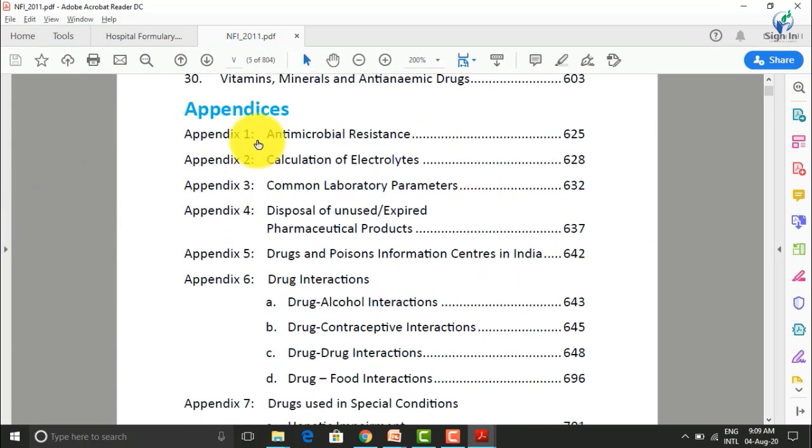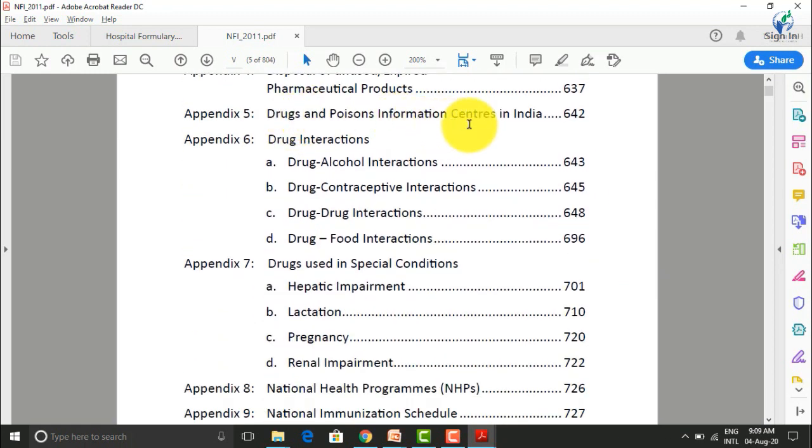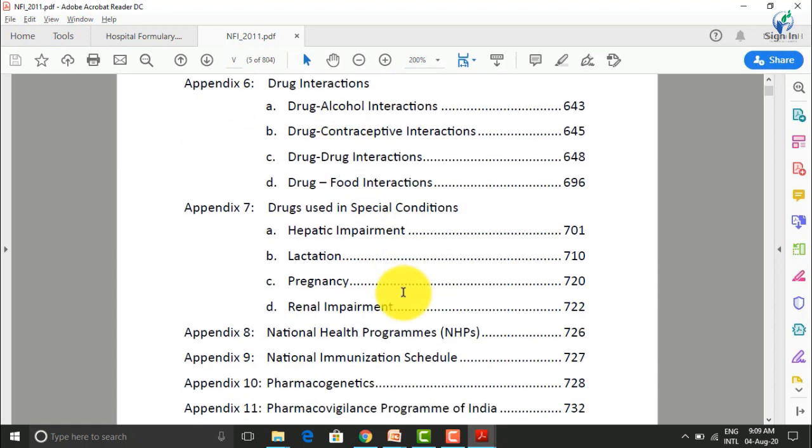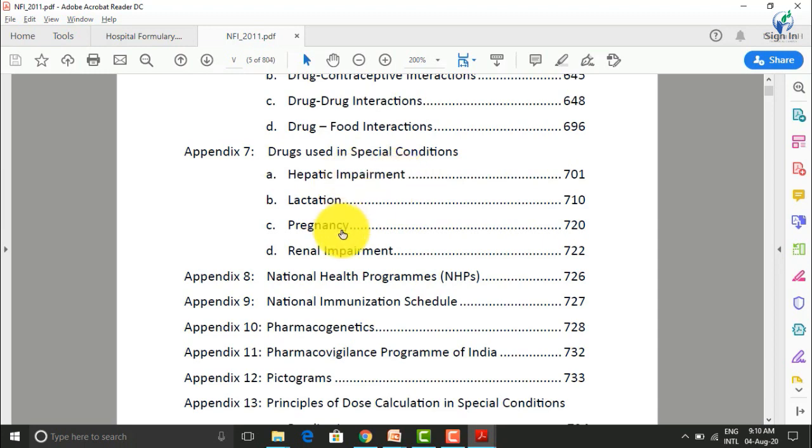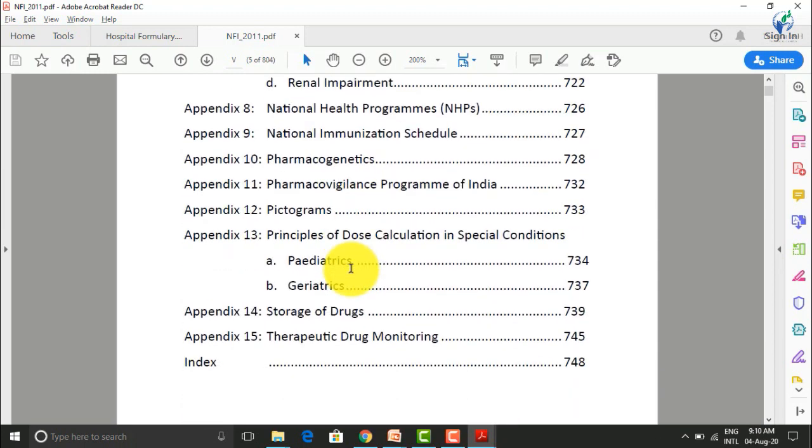Then they have included different appendices: antimicrobial resistance, calculations, common laboratory parameters, disposal of unused or expired pharmaceutical products, drug and poison information centers in India, and drug interactions. See, this is a very important thing. Drugs used in special conditions. So many things they have included.